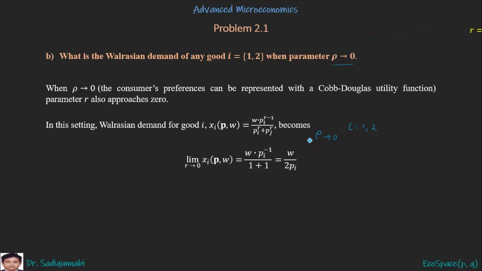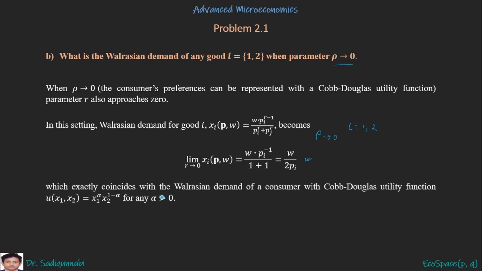So when rho tends to 0, we insert the value for rho, and we get this equation. And this equation is simply the Walrasian demand for a consumer with Cobb-Douglas utility function u equals x1 to the alpha, x2 to the 1 minus alpha.